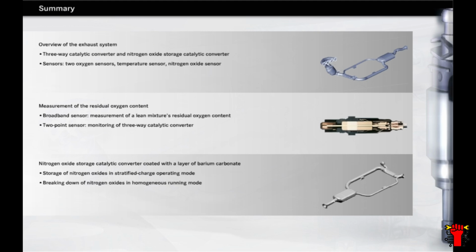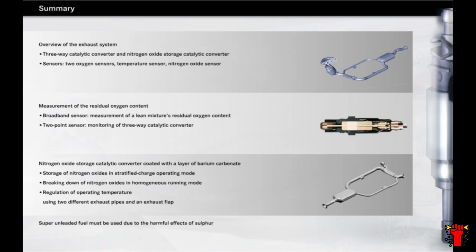Once the storage layer is saturated, the engine briefly switches into homogeneous mode so that the nitrogen oxides can be broken down. Maintaining the correct operating temperature is crucial to storage efficiency. For this reason, the exhaust system features a temperature control consisting of two different exhaust pipes and an exhaust flap. The chapter concluded by mentioning the harmful effect of any sulfur contained in the fuel used, which makes the use of super unleaded fuel necessary.